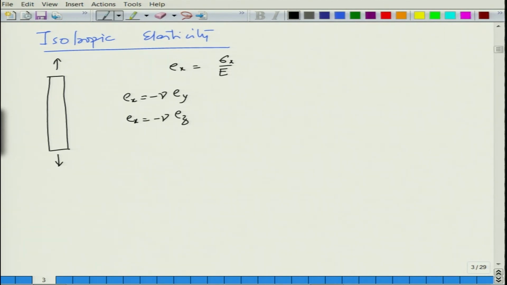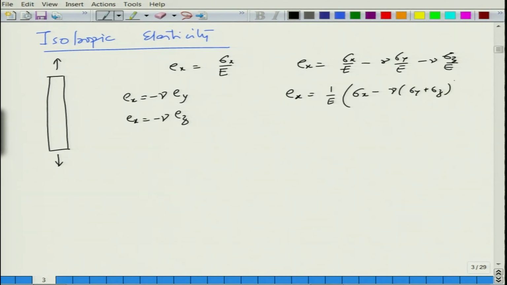Because of these strains, if you combine all three components, we have epsilon x as sigma x divided by E minus nu sigma y divided by E minus nu sigma z divided by E, and this gives rise to the relation epsilon x is equal to 1 over E into sigma x minus nu into sigma y plus sigma z.